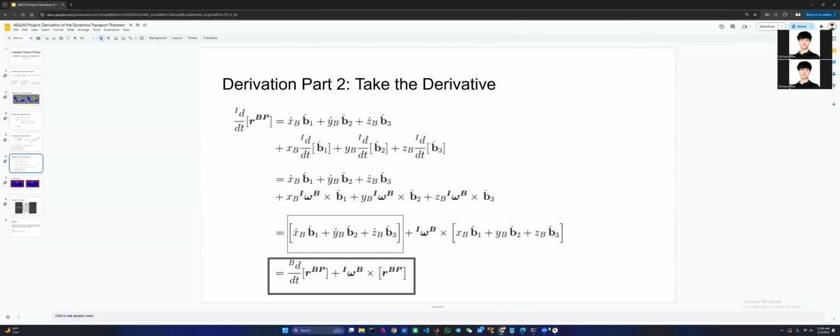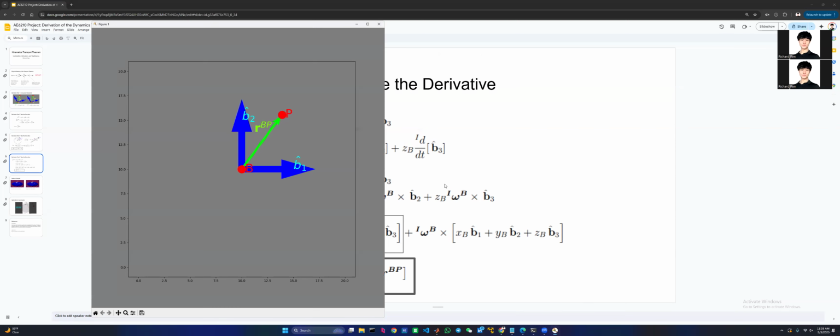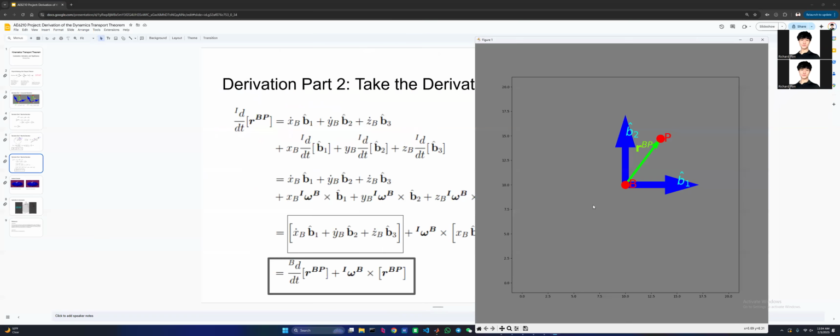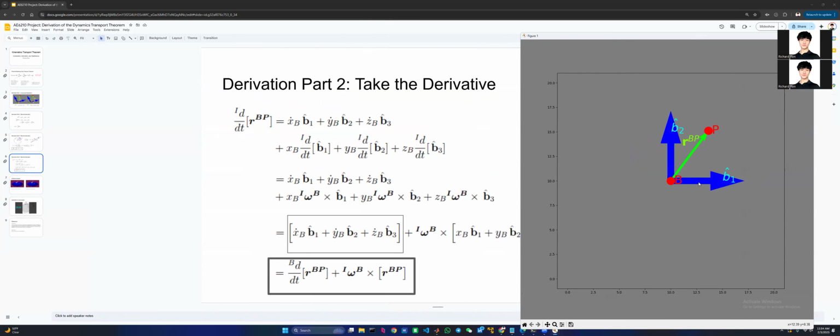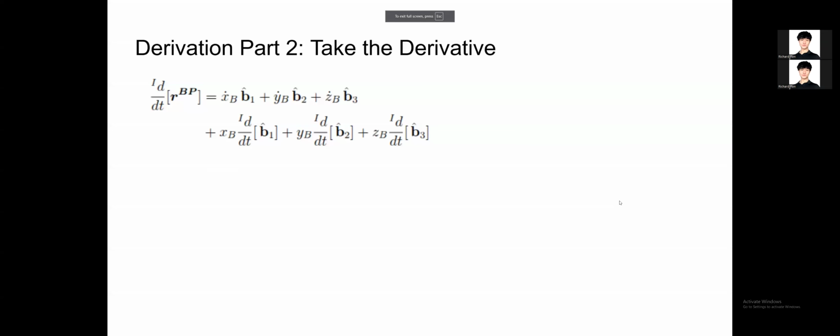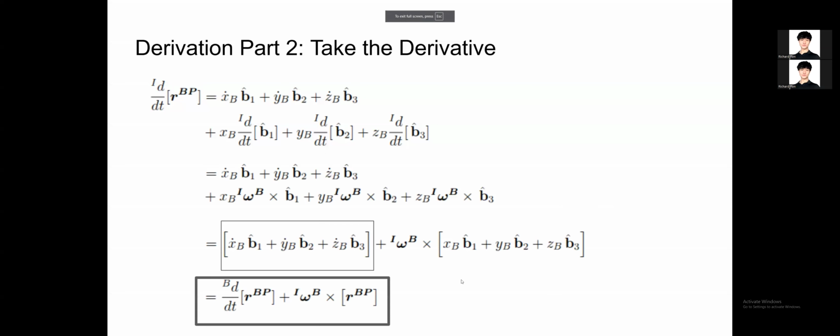Because he or she only sees this bobbing back and forth, the x dot, y dot, and z dot along the B basis vectors. And this term right here is exactly RBP.